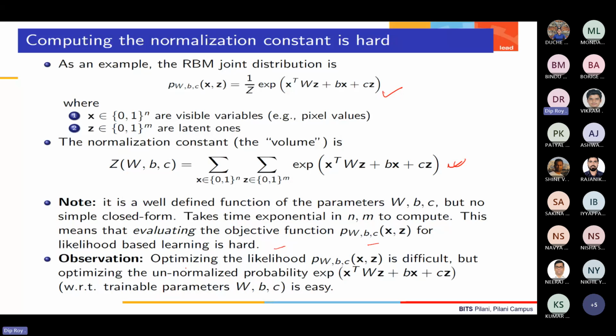Observation: optimizing the likelihood is difficult, but optimizing the unnormalized probability, that is this, with trainable parameters W, B, and C, is easy. And that's where we are heading here.